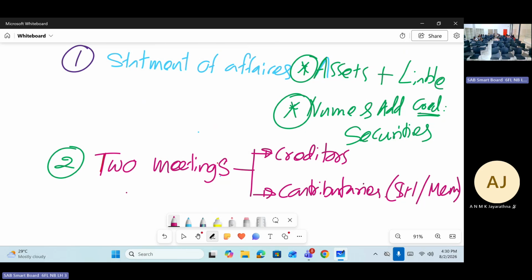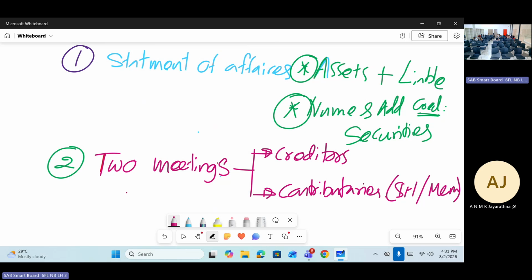2 means 4. That is another duty cast on the official receiver. He must obtain a statement of affairs, which is like a balance sheet. The items mentioned in the balance sheet are to be given in the statement.